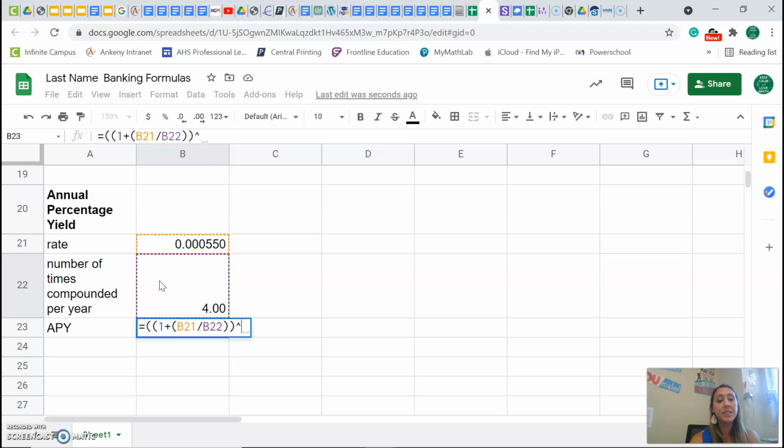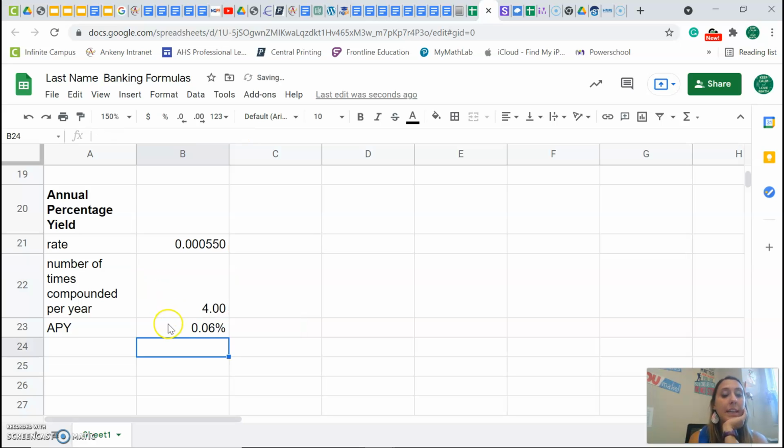Then we're going to do shift 6, because we want it to be raised to the nth power, which is going to be shift 9. And then we want to click on B22 again, shift 0, and then shift 0 one more time, and then minus 1, and we should get it as a percent.